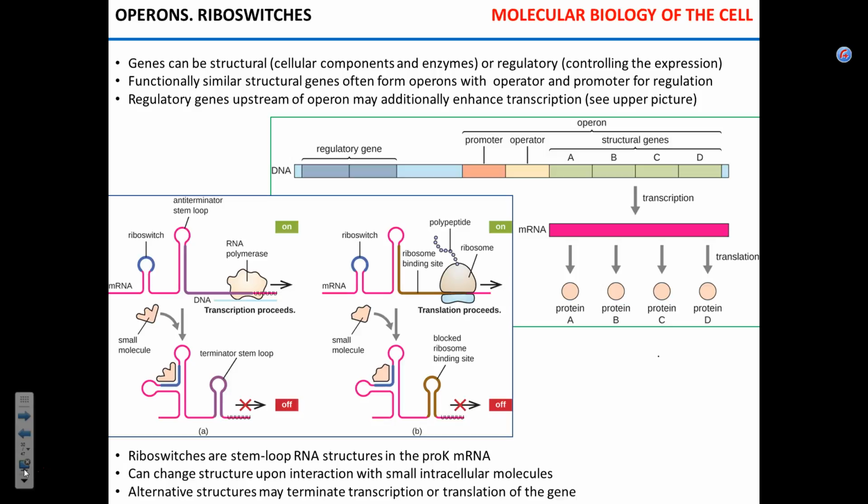Now the operon is the name of the fragment of a genome that's usually responsible for some kind of trait, some kind of function, and this fragment of the genome, the operon, usually contains several genes.